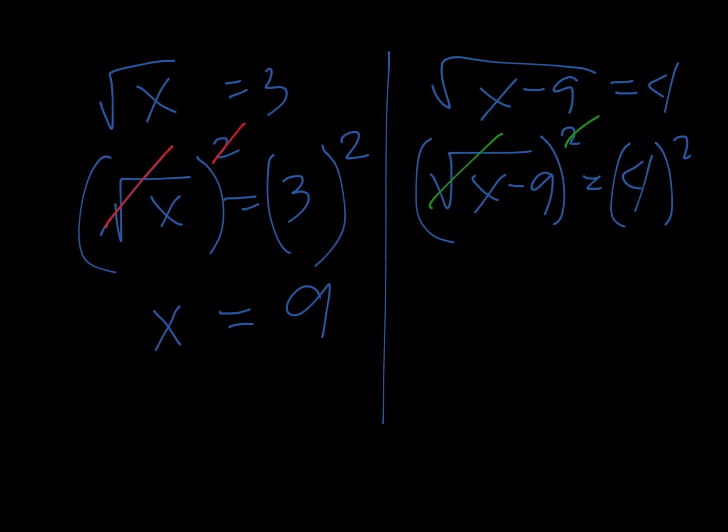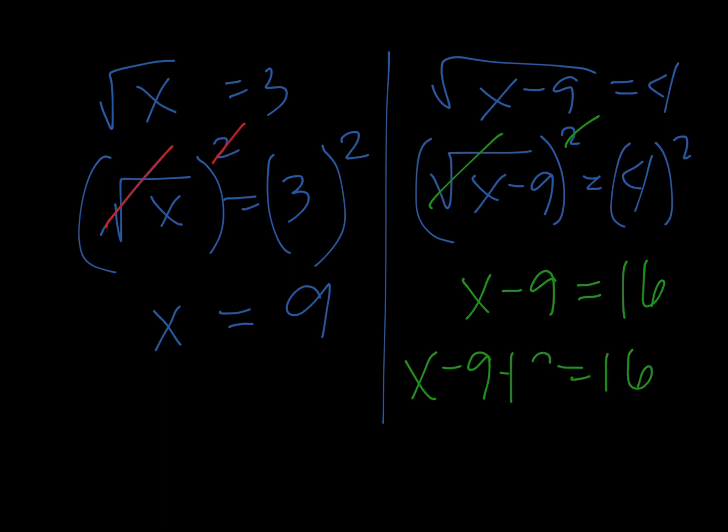Then copy inside the radical, which is x minus 9 is equal to 4 squared, which is 16. To solve for x, apply the addition property of equality. So x minus 9, then add 9 to both sides. So plus 9, then plus 9. So x, cancel this. 16 plus 9 is 25.